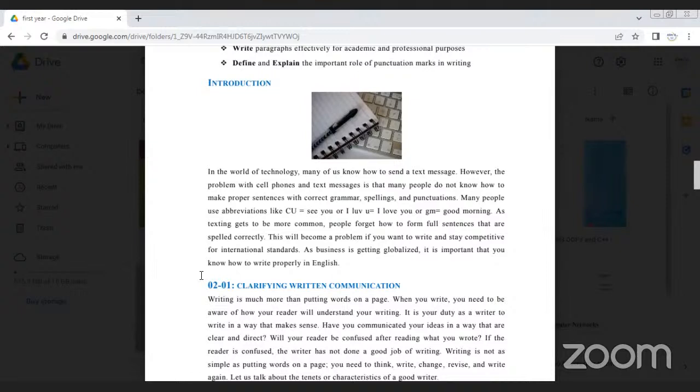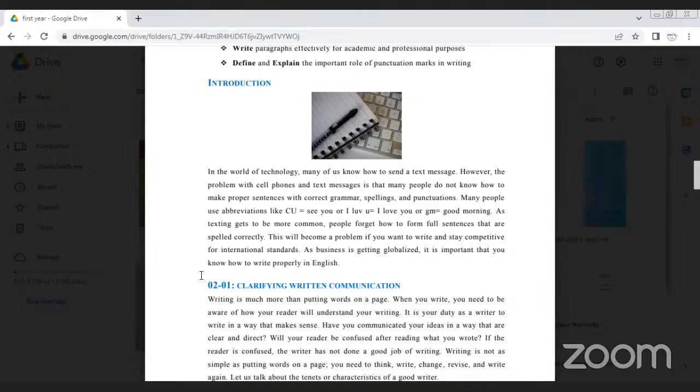Many people use abbreviations like CU, short form, which means see you, or ILU, which means I love you, or GM means good morning. As texting gets to be more common, people forget how to construct full sentences that are spelled correctly.